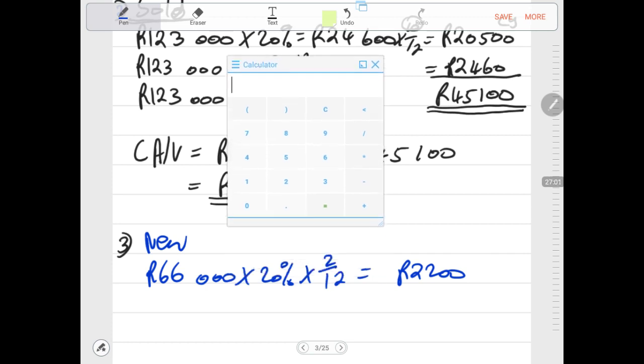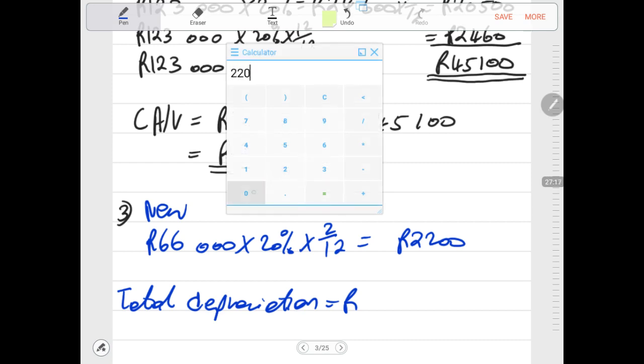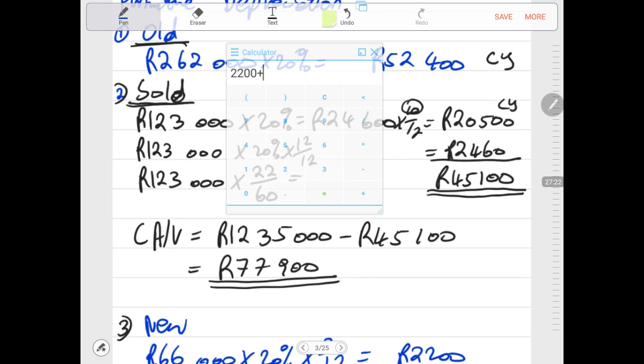Now the depreciation of the finishers in total. I want to highlight the total depreciation for all the finishers. It will be 2,200 plus 20,500.